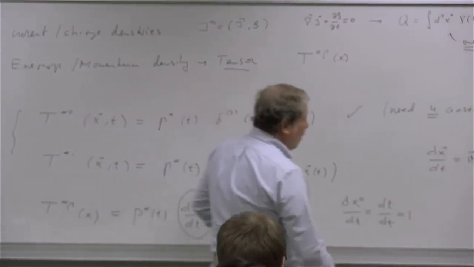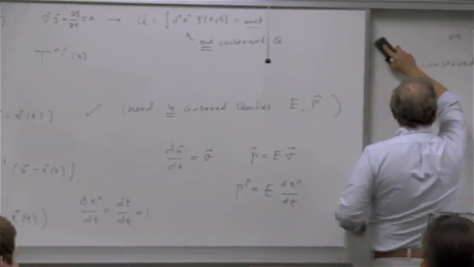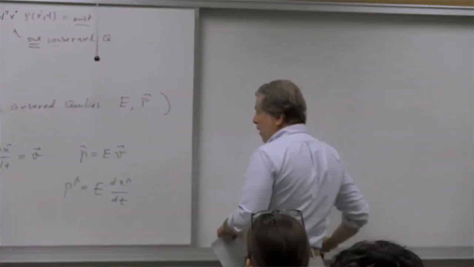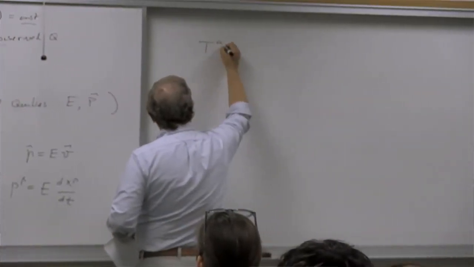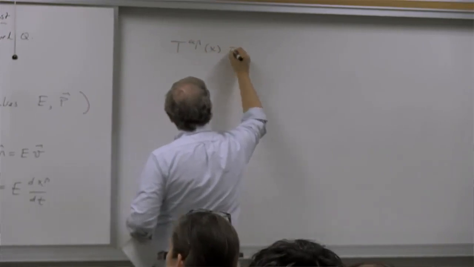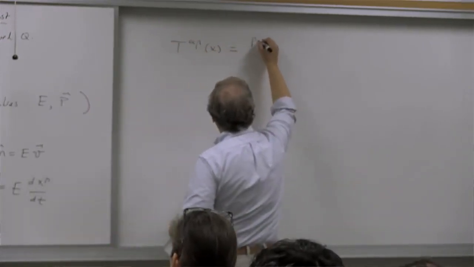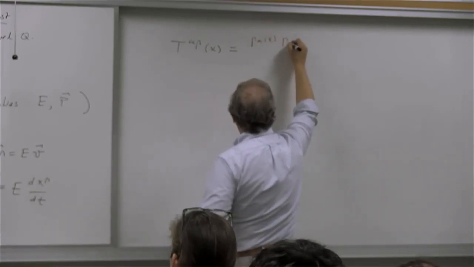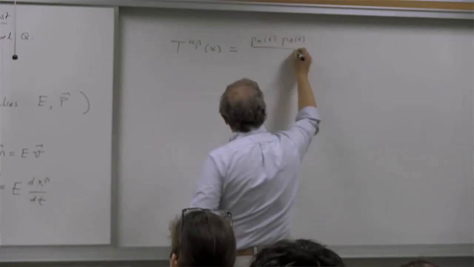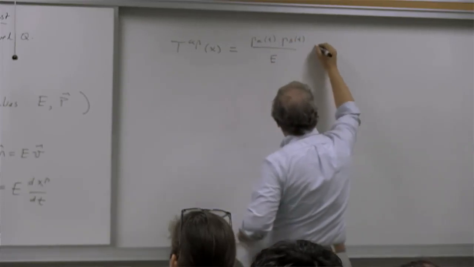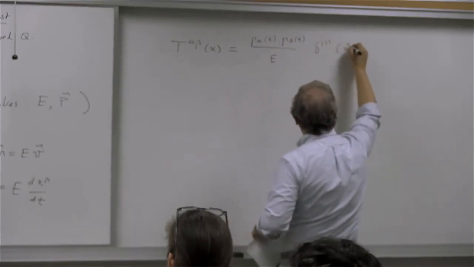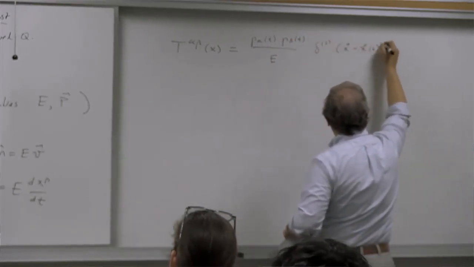Use it for here. So that means that we have a slight rewriting of T alpha beta of x, which you can write as P alpha of t and P beta of t divided by the energy times delta 3 of x minus x of t.